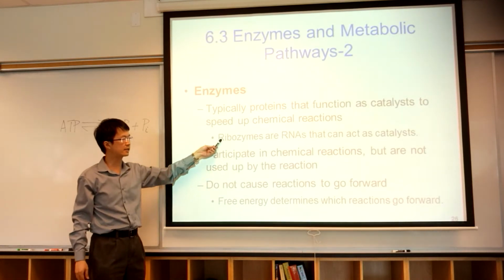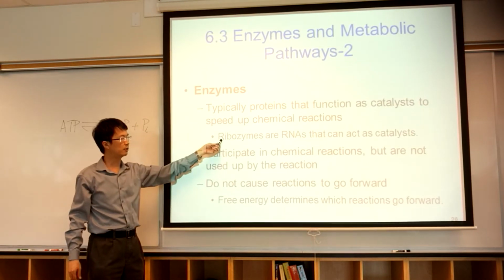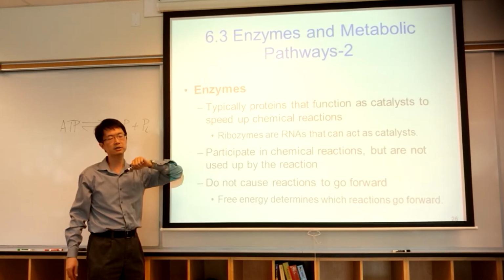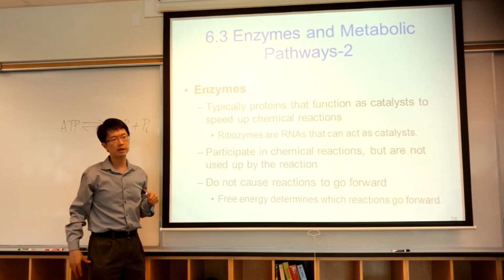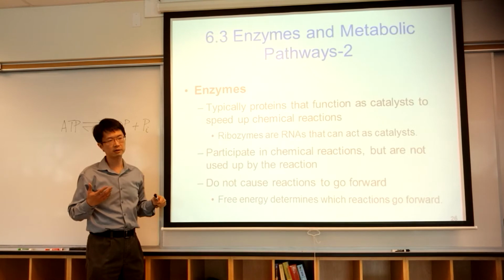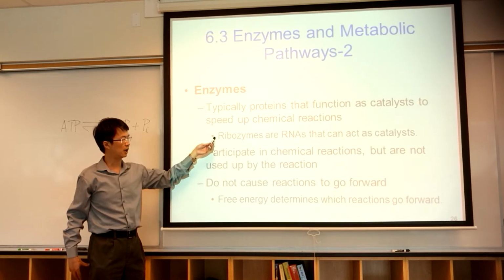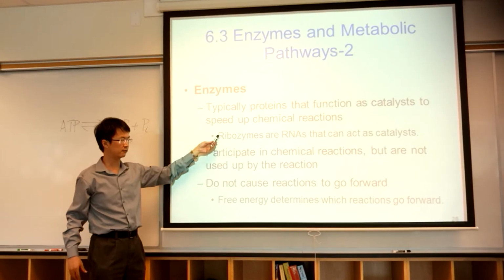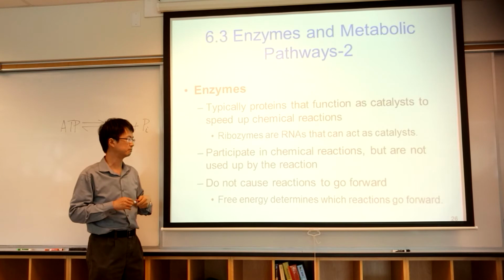Ribozymes are RNAs that can act as catalysts. Some people propose that ribozyme was like the first genetic material developed by a prokaryotic cell, because it has the properties of ribosomal RNA, but it also acts as an enzyme.